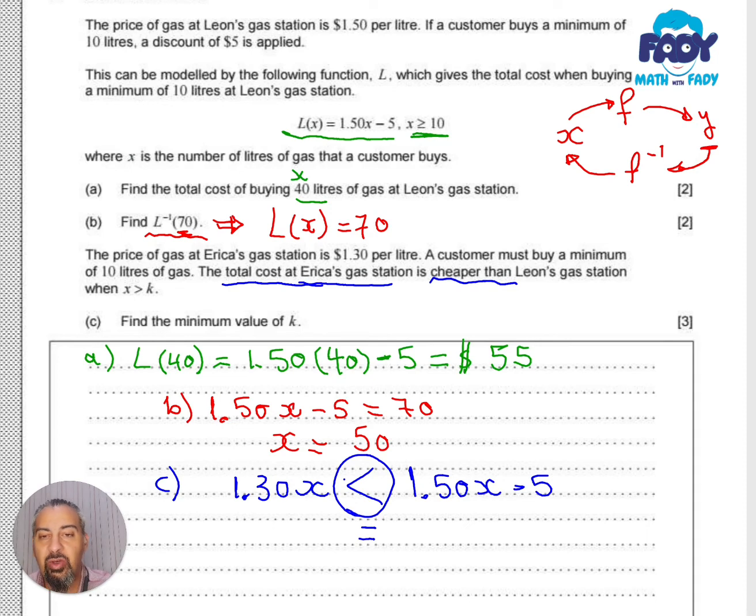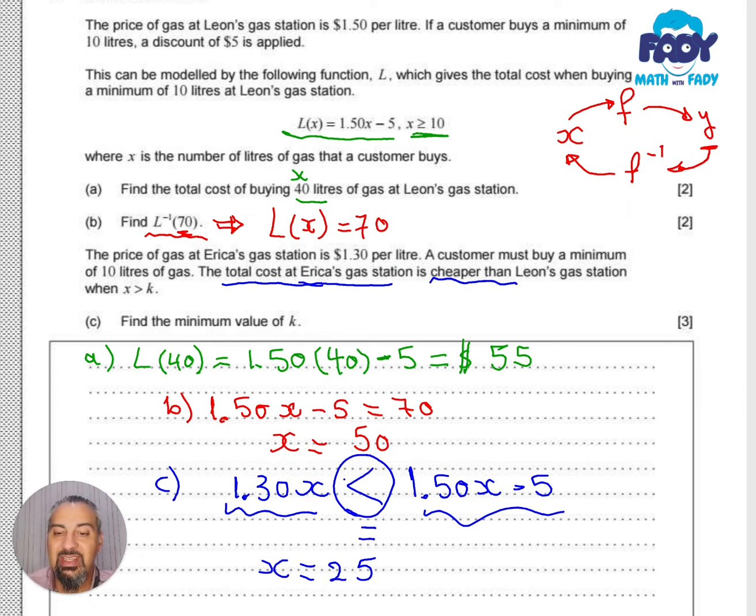Or we may also use a table. We can construct a table. This function in one column and this function in another column, and we will compare both columns. If we solve or compare these two columns of the table, we will get x equals 25.